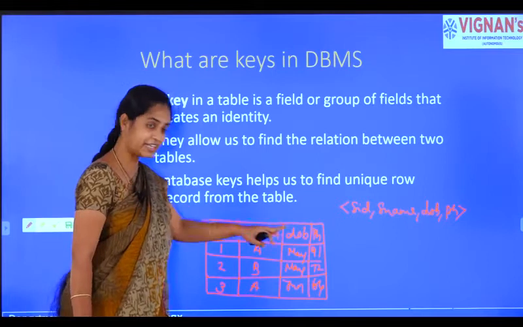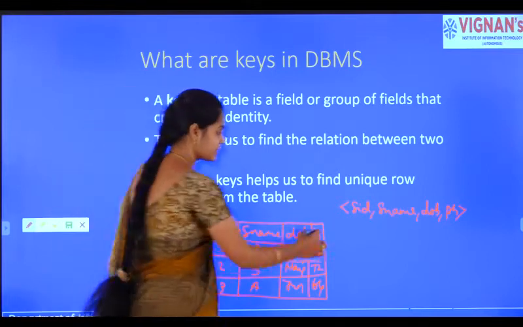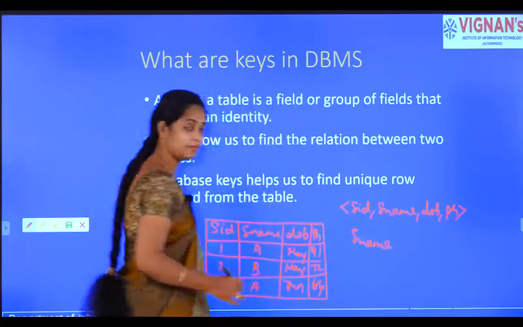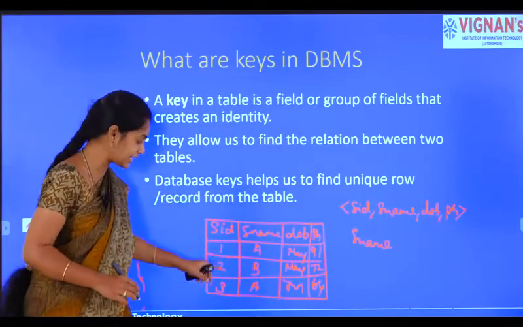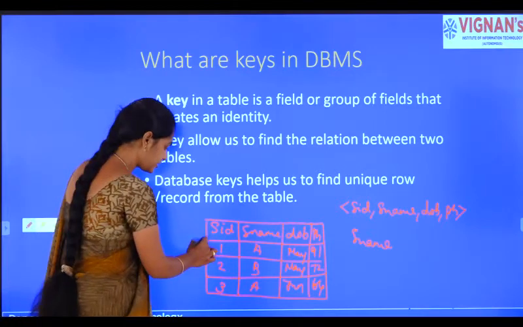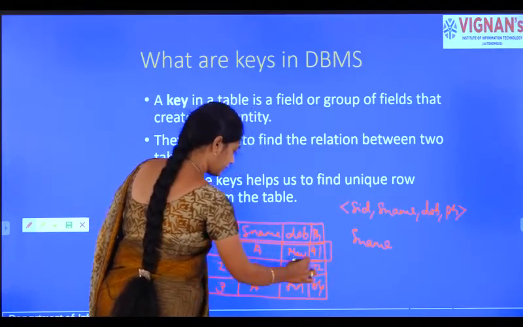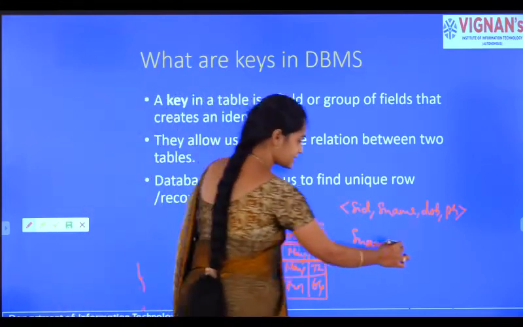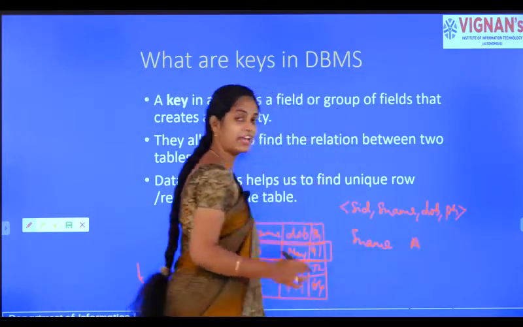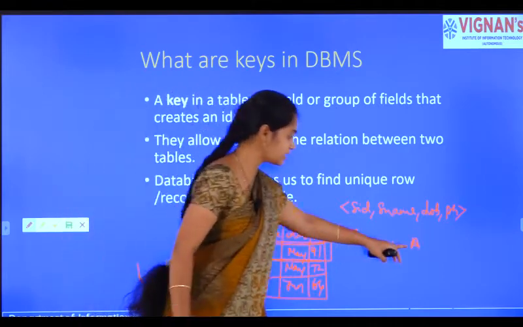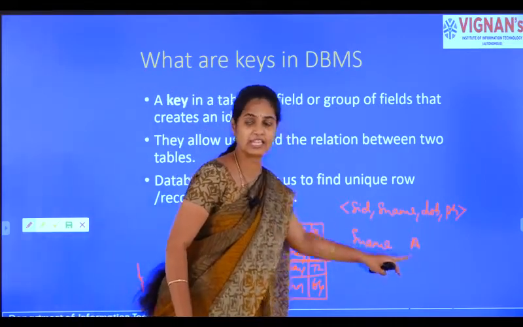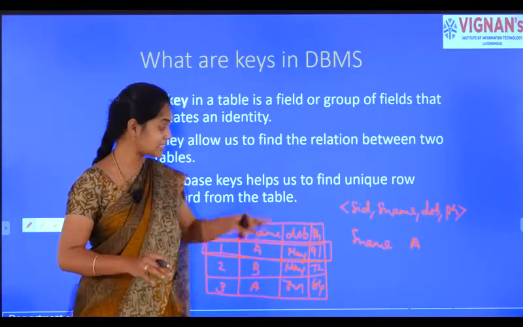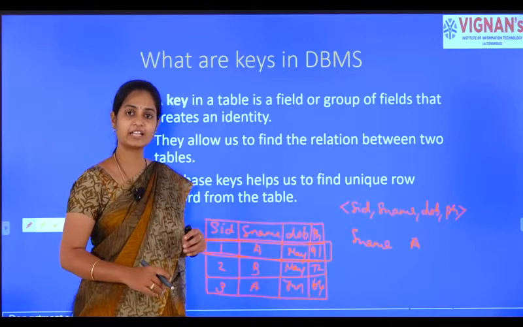Now, we will take some attributes. Shall we take SNAME? Using this SNAME, can you identify the tuples in a relation? See here, this is a tuple. What is SNAME here? A is the name of the student. Can you identify the entire tuple using this name? Can you distinguish this tuple from the other databases?